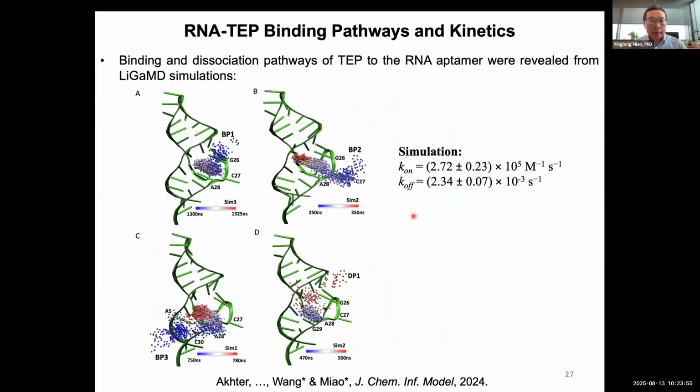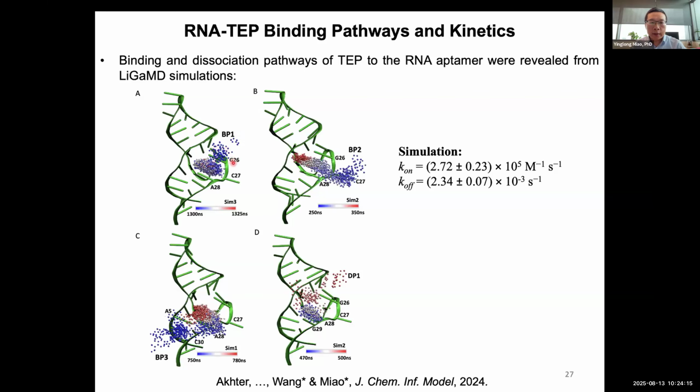Well, as we track the ligand, we find multiple pathways for ligand binding and dissociation. For the binding, we have 3 different pathways. If we take this as the front view, in the first pathway, the ligand can bind from the upper right direction.